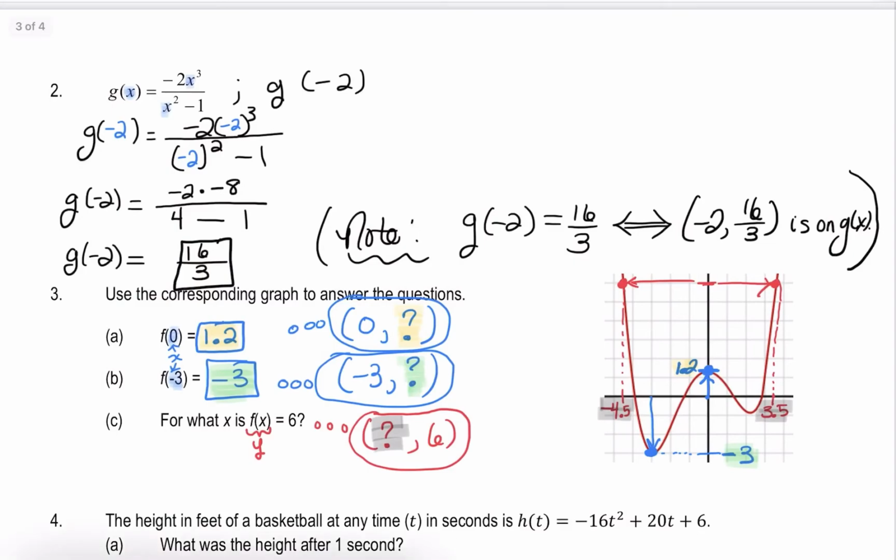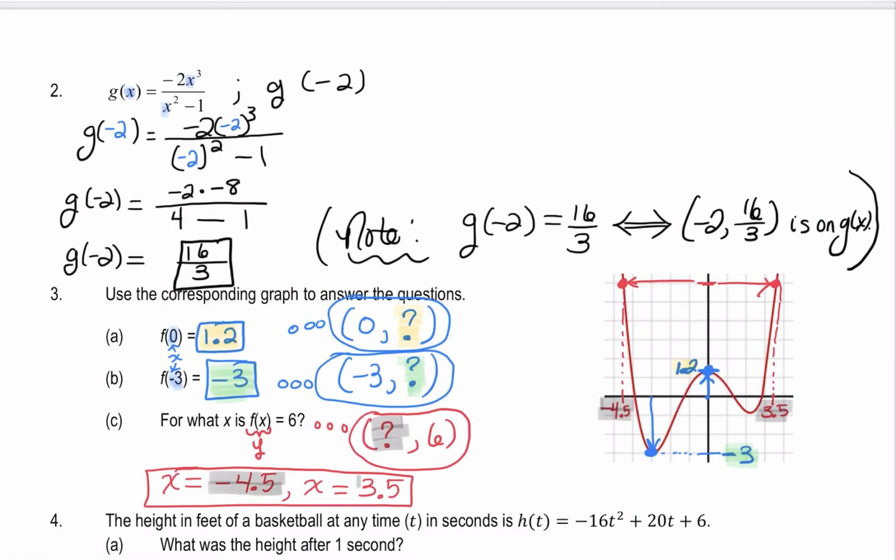So our final answer here, we have to just write it out as x equals negative 4.5 and x equals 3.5. So this time we were looking for those 2 x values.